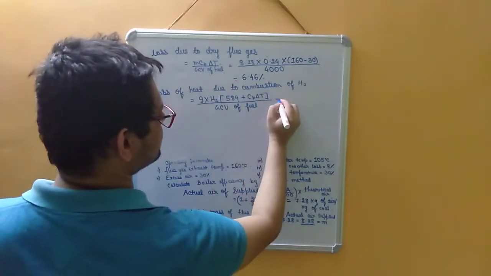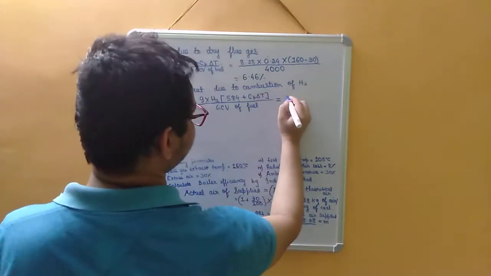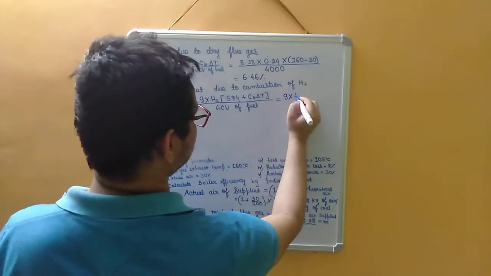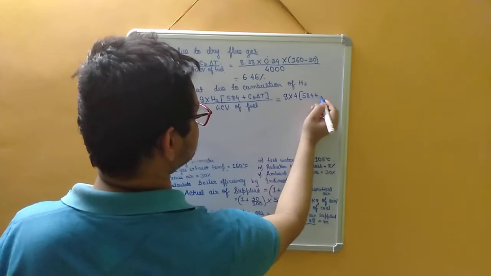Now we put the data here. The hydrogen value was given here, that was 4, so 9 into 4 into 584 plus Cp.